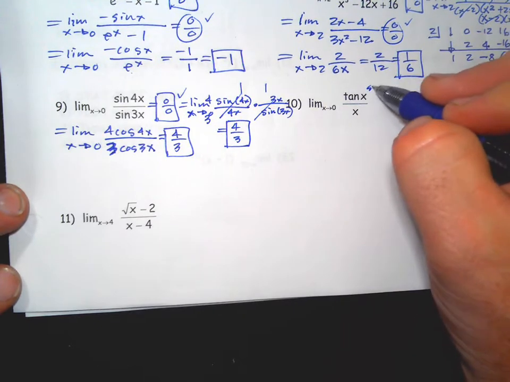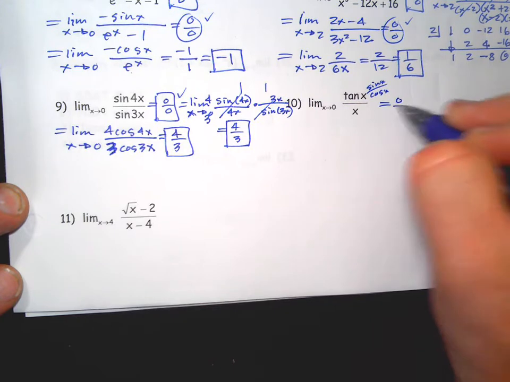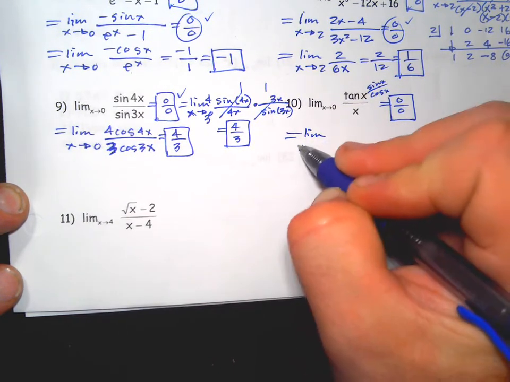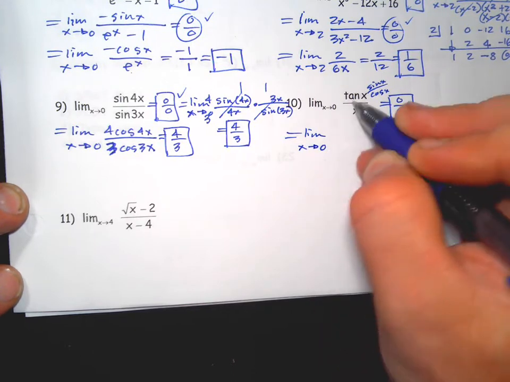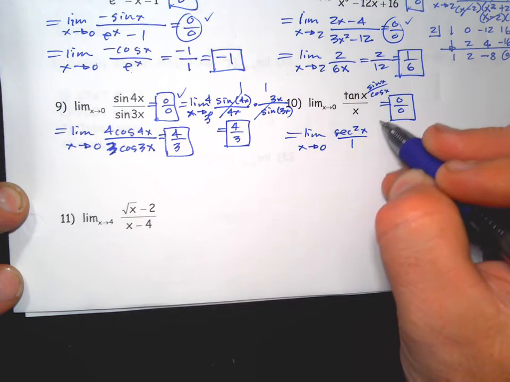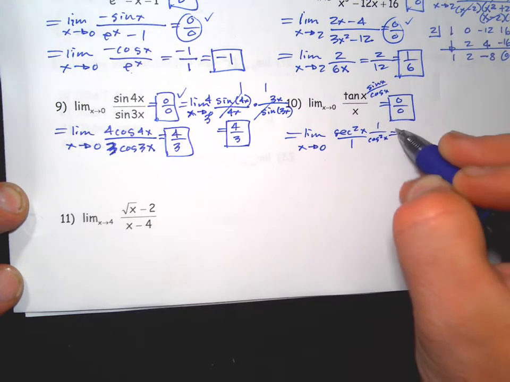Tangent is sine over cosine. That's going to be 0 over 0. With L'Hopital's rule, I'll show you without in a second. The derivative of tangent is secant squared, which is 1 over cosine squared, which is 1.